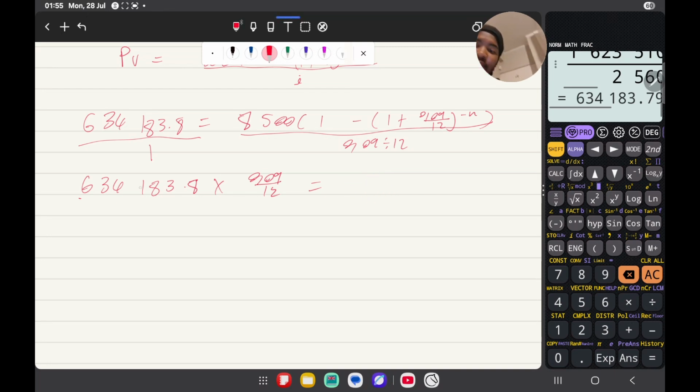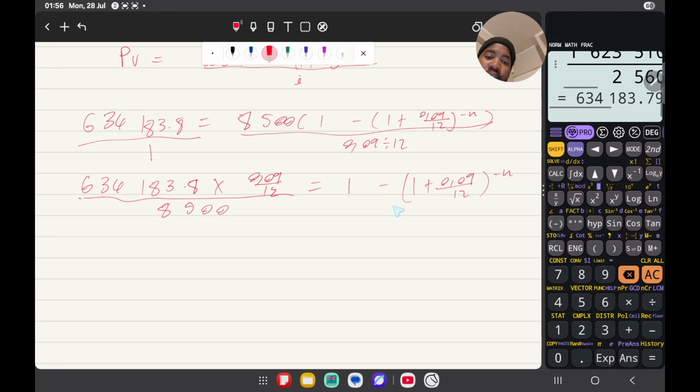In fact, let me divide by 8,500 already. So that means here I have 1 minus (1 plus 0.09 over 12) to the power of minus n.